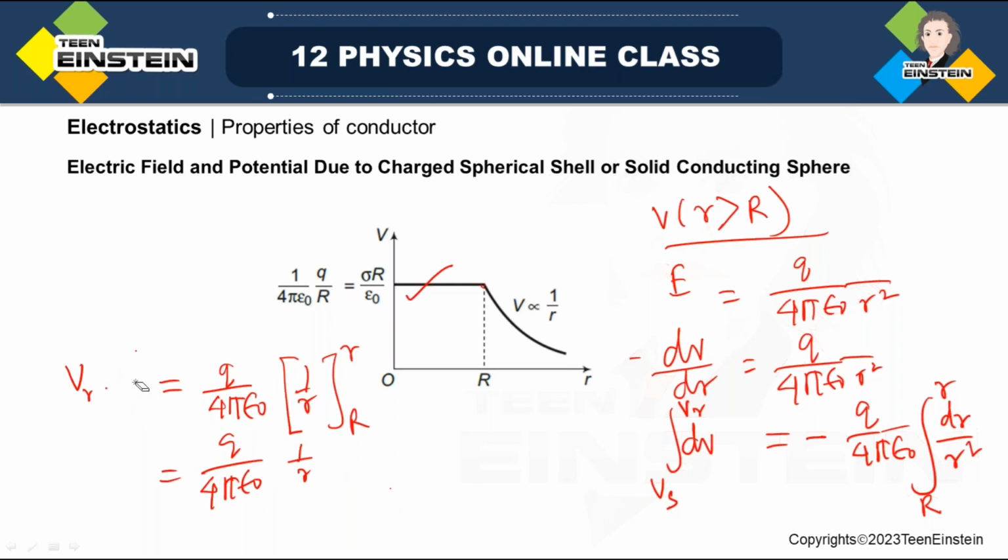Vs is on the surface, q by 4 pi epsilon naught R with a plus sign on this side, and this was q by 4 pi epsilon naught with minus sign. So these will cancel each other. So I get the potential at any point outside, which is varying as 1 by r. So this is the variation, and this is the respective curve.